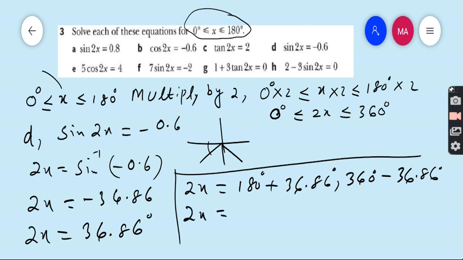Hence, 2x is equals to 216.86 and 360 minus 36.86, which is 323.14.